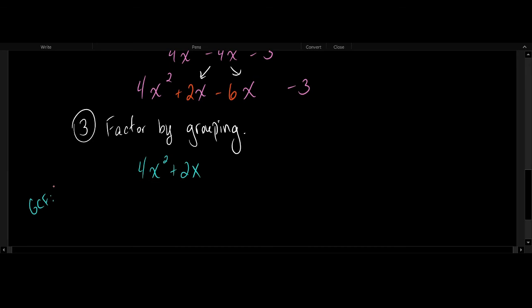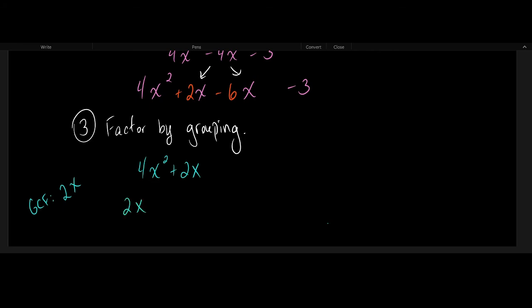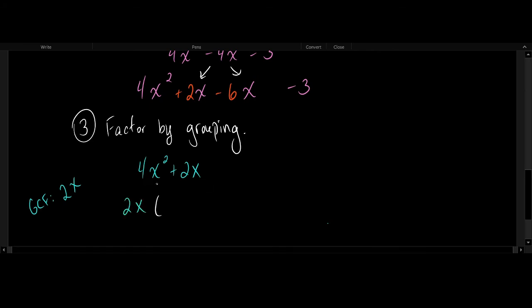Now both of these terms have an x in them. X squared has an x, and 2x consists of an x. In addition to that, both of these terms have a 2 in them. There's a 2 and 4, and there's a 2 and 2. So the GCF would be 2x in this case. And I have 2x times the quantity: 4x squared, take out 2x, leaves 2x.